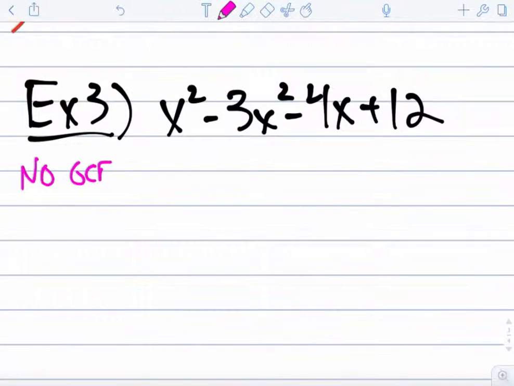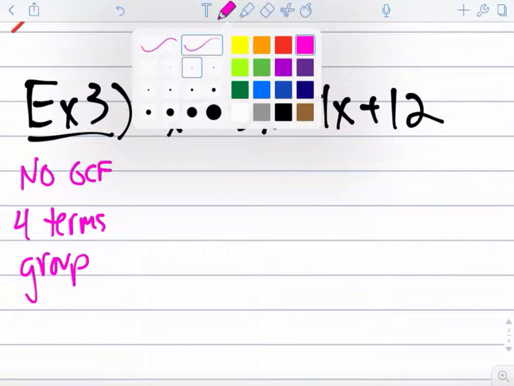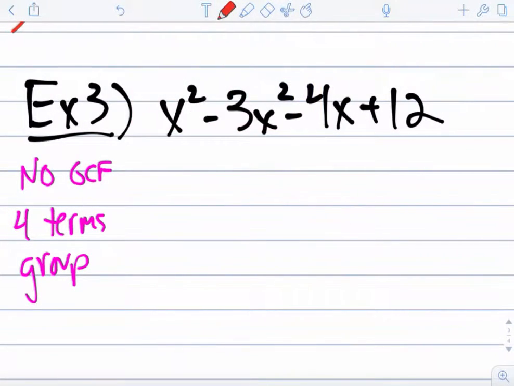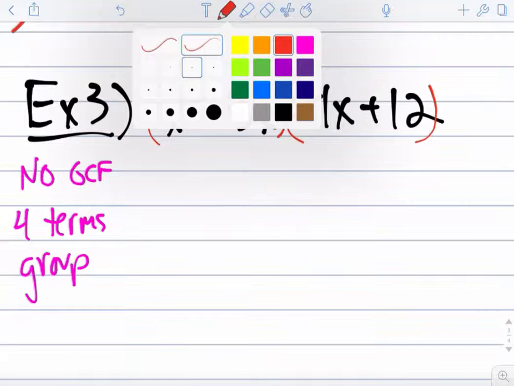If I'm grouping, I split that, and don't forget we want to keep the negative.